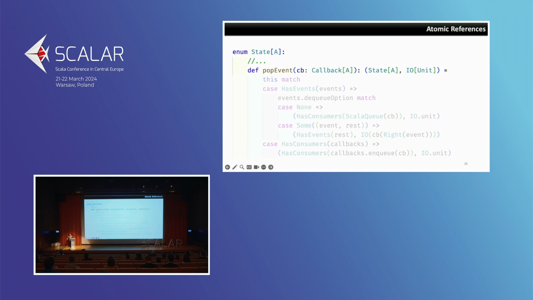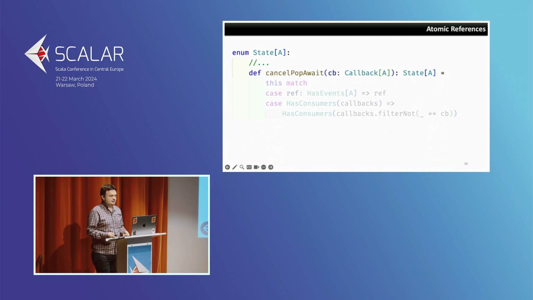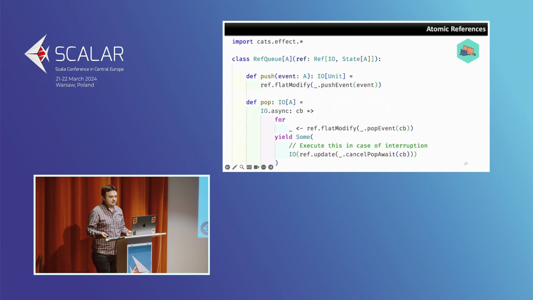We might have events, in which case we call the callback in that suspended IO, or we might not have events, in which case we collect the callback in the internal queue. We also need a third function for registering the callback. This would be useful for interruption, because we don't want memory leaks and we want interruption to work.